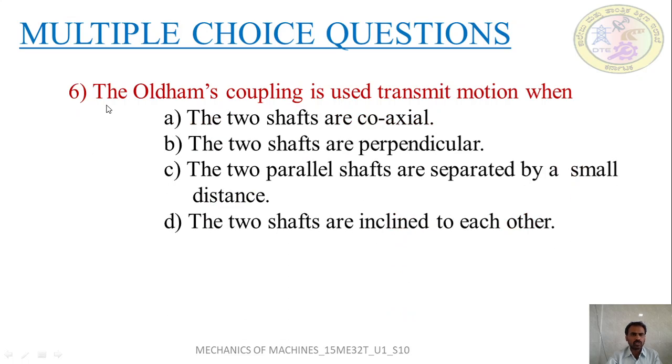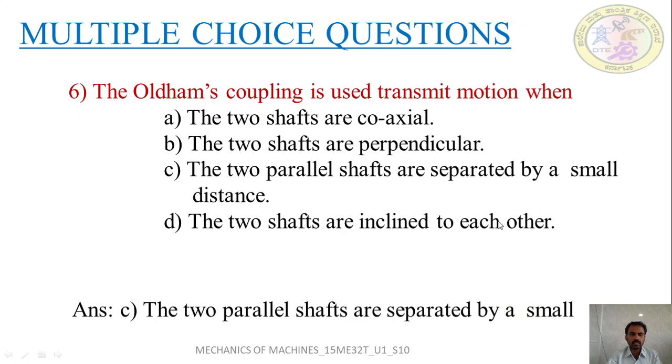The next question is, Oldham's coupling is used to transmit motion when the two shafts are coaxial, the two shafts are perpendicular, the two shafts are parallel and separated by a small distance, or the two shafts are inclined to each other. We have discussed this, right?